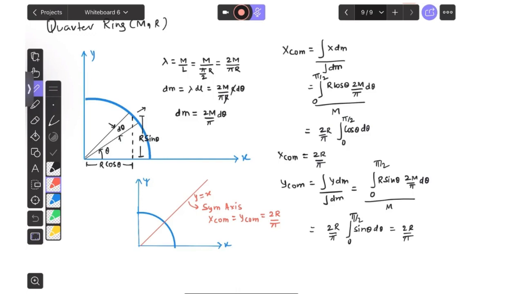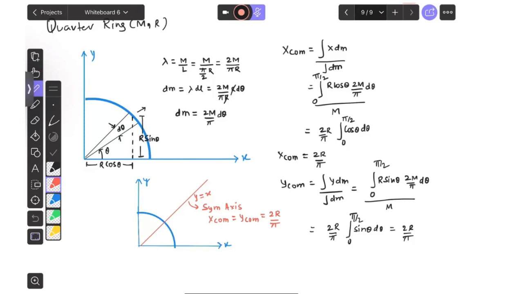Okay, I can take a new page now. Maybe I could tell you a shortcut way to help you remember this result, because no one will be asking you to find the center of the mass of a semicircular ring or anything like that.